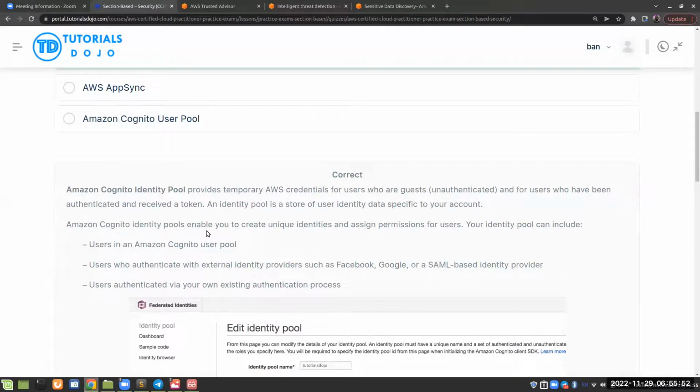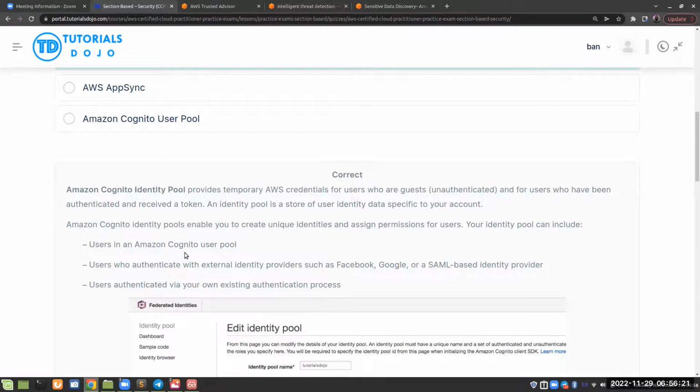So if you are thinking of identity pool, you are always dealing with permissions. When you think of a user pool, you just think of a group of users. Identity pool is the one that enables you to create unique identities and assign permissions for users.